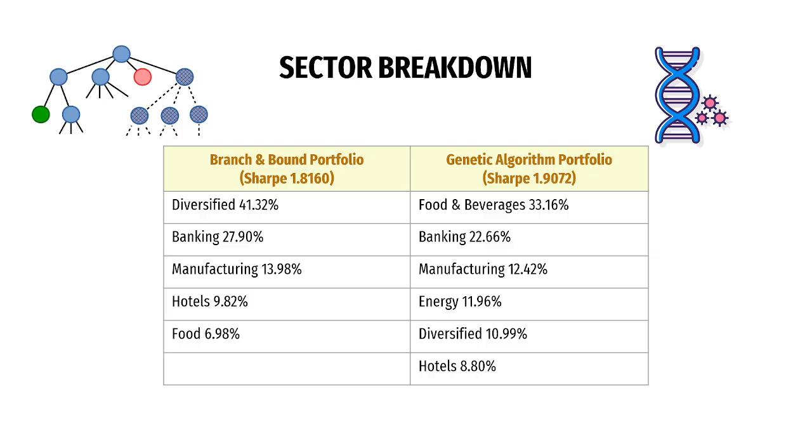Branch and Bound considered heavily diversified holdings, giving it a sector allocation of 41%. The genetic algorithm instead moved into food and beverages, achieving better diversification across six sectors. This broader sector spread is what drove the genetic algorithm's lower volatility of 18.5%.